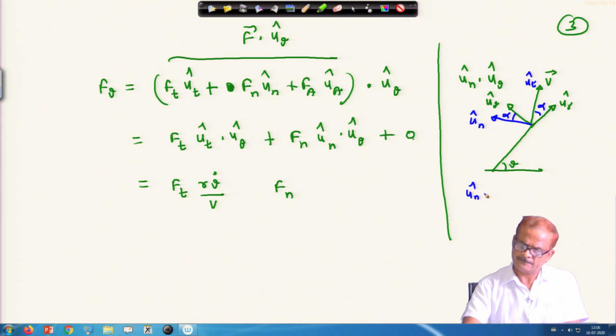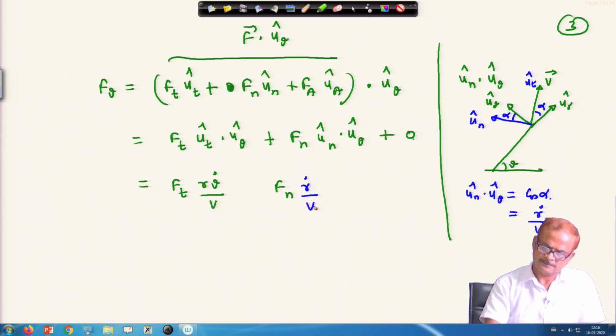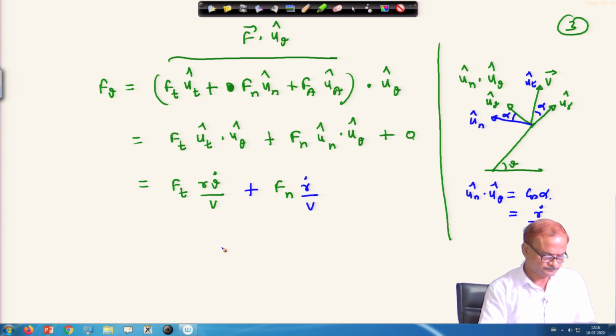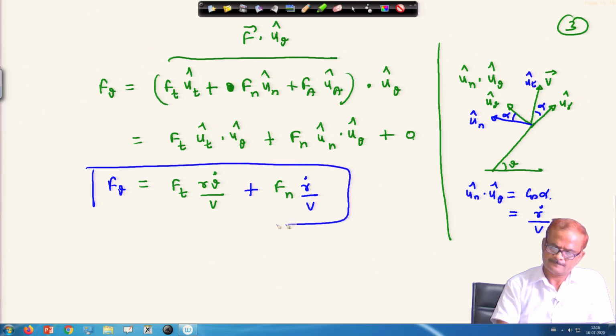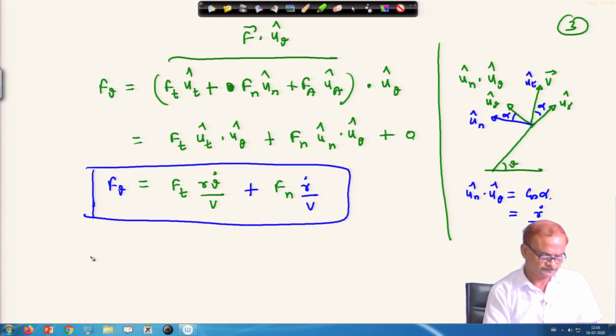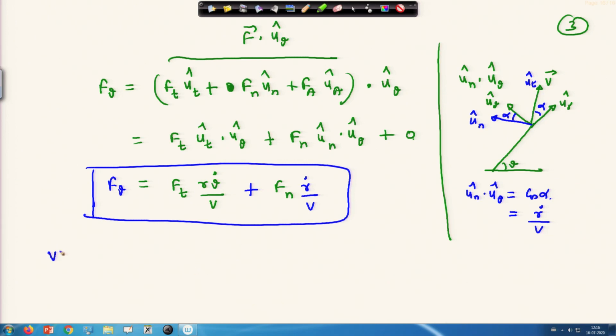So, u n cap dot u theta cap will be cos alpha, and cos alpha is nothing but r dot divided by V. So, this is our f theta. Now, one more step is to be taken: V needs to be replaced in terms of the common terms that we are using.